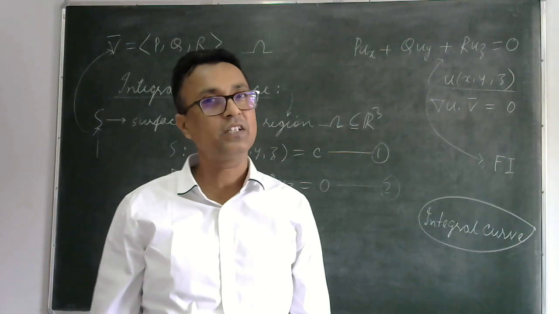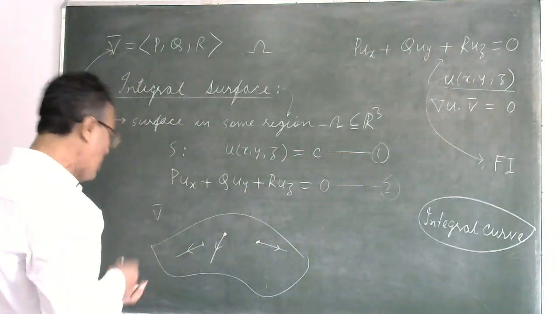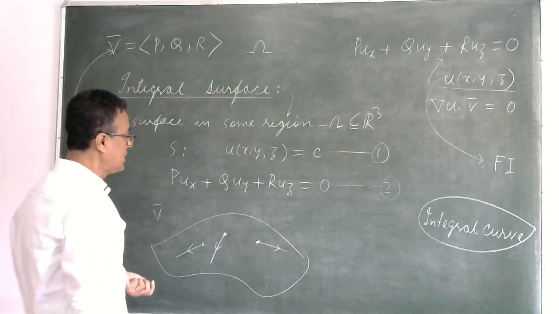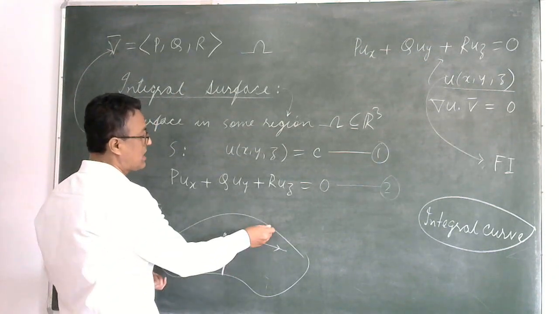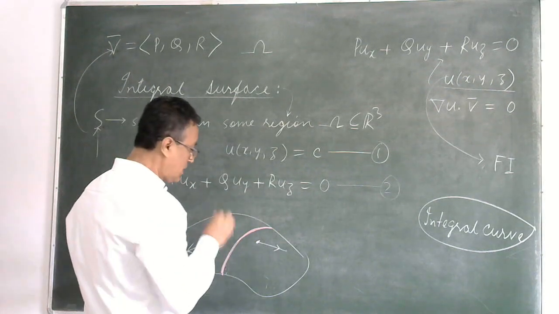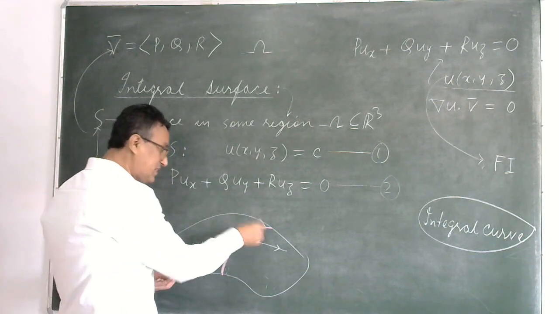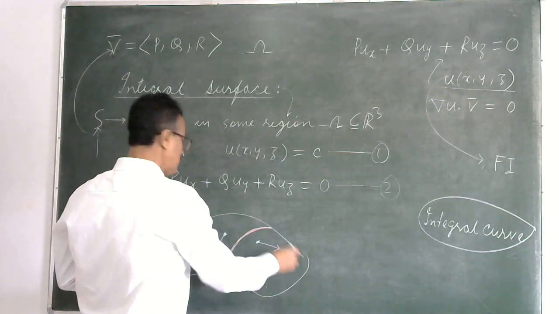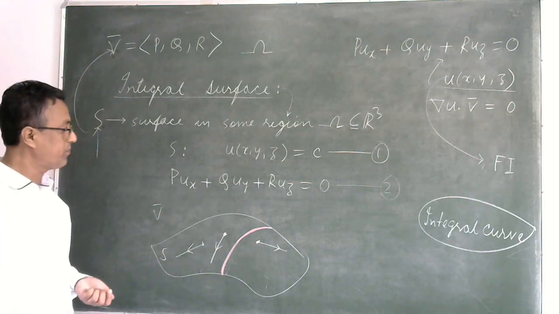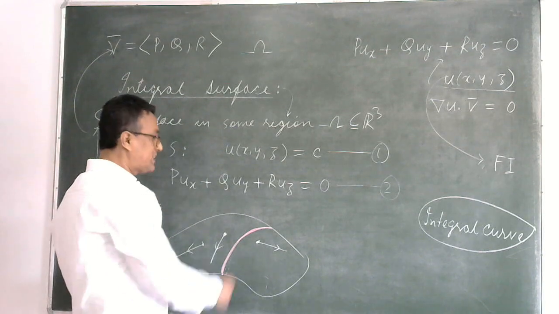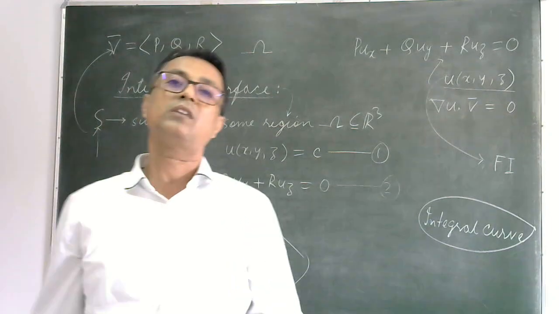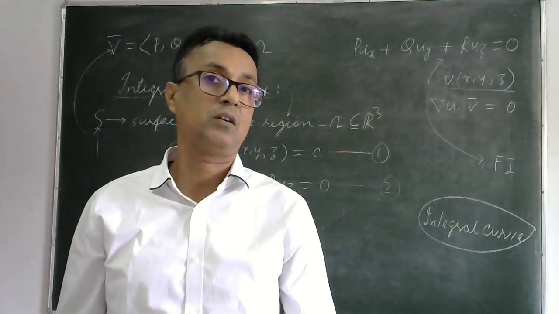Right? So now, one thing I want to be very conscious about is that, suppose I have a curve C here, lying on this surface S, which is an integral surface of the vector V. It may seem to you that any curve you draw there is going to be an integral curve.